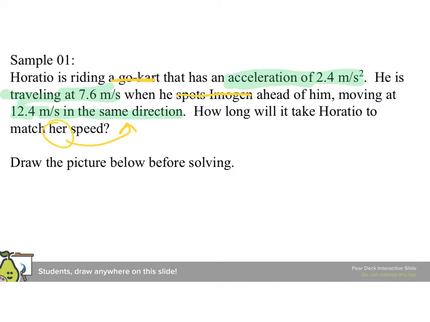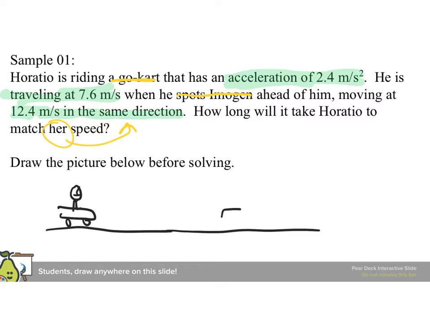So there's a lot of stuff in there that isn't very important. Step 2, draw the picture, pull appropriate values from above. So the picture is, at least at the moment, we have here, I don't know, a go-kart with Horatio. And then sometime later we have the go-kart with Horatio.